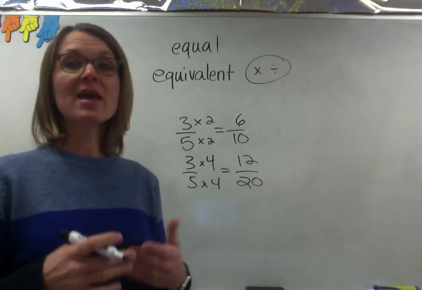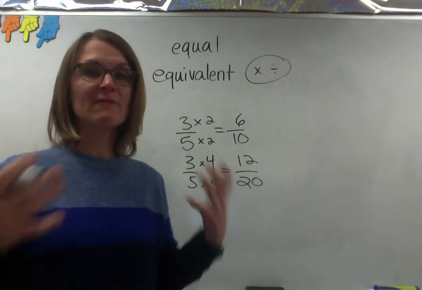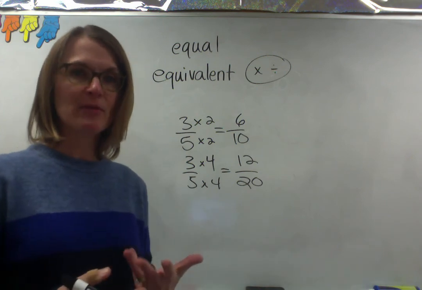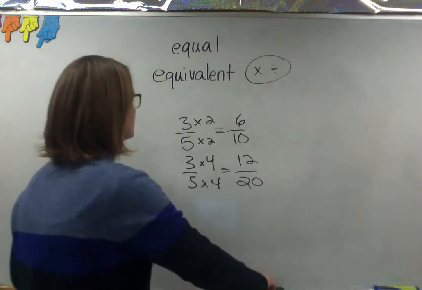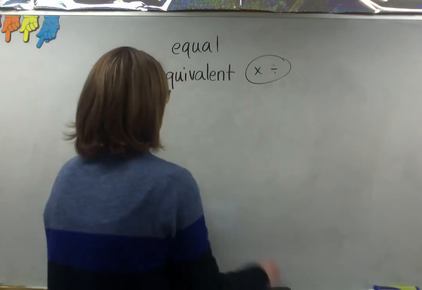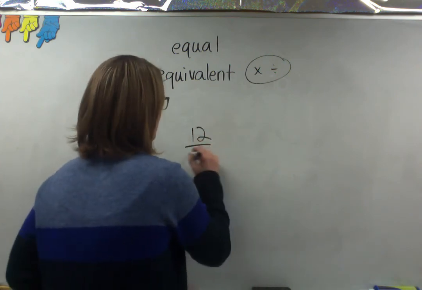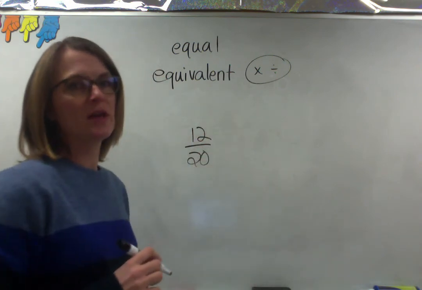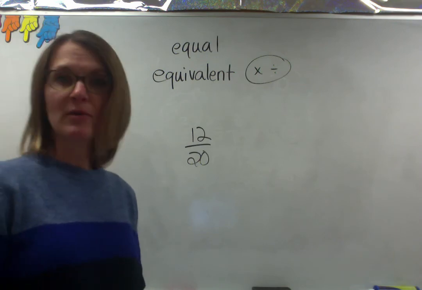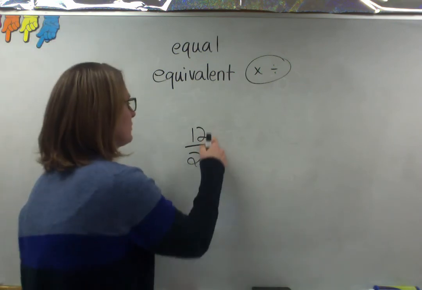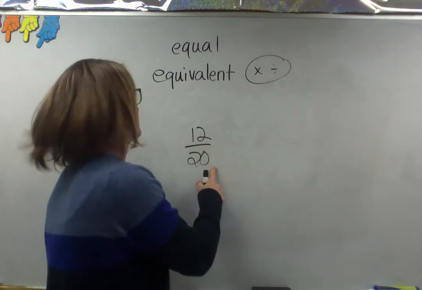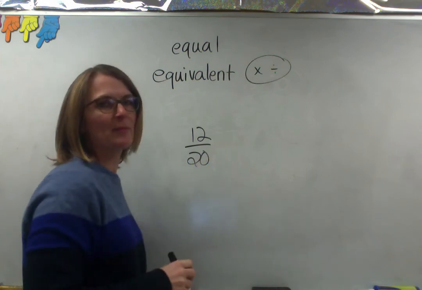So I can make an equal fraction to any fraction just by multiplying the top and the bottom by the same number. I can also divide. So if I had 12/20ths, this gets a little trickier because it has to be the same number and it has to divide evenly. So I couldn't divide them both by 3 because 20 divided by 3 doesn't happen evenly.